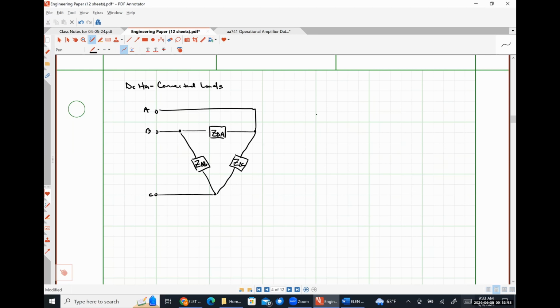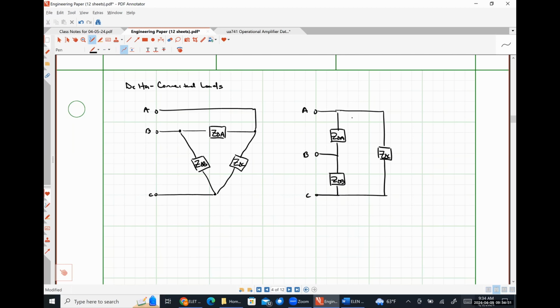And now V delta A between A and B, V delta B between B and C, and Z delta C between C and A.